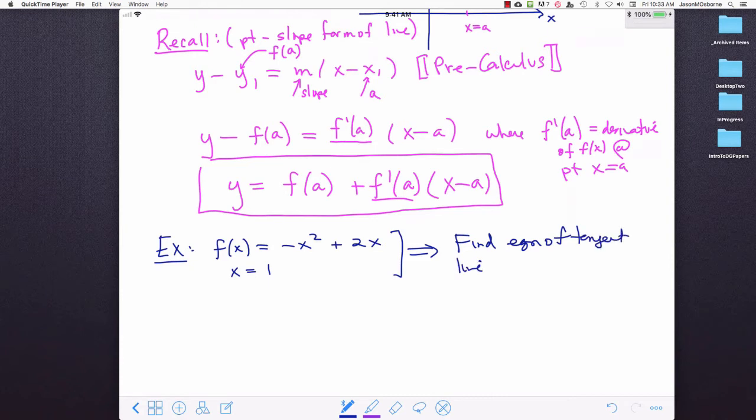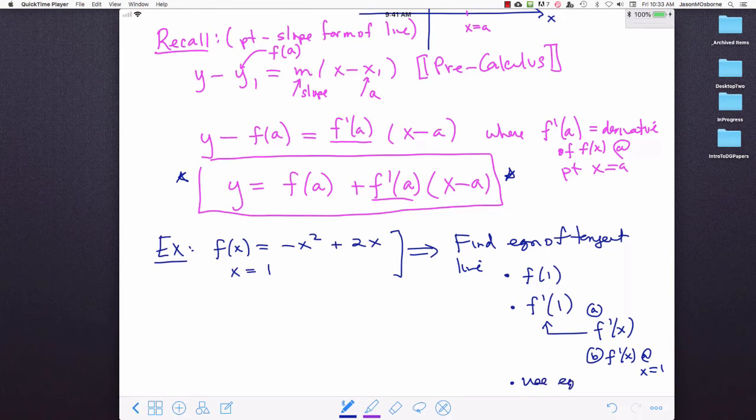To find it, you're going to need the function evaluated at 1 and the derivative evaluated at 1. The way I'm going to get the derivative evaluated at 1 is to first find the derivative function, and then find it at x equals 1. And then we're going to use the equation that's given in the box star.